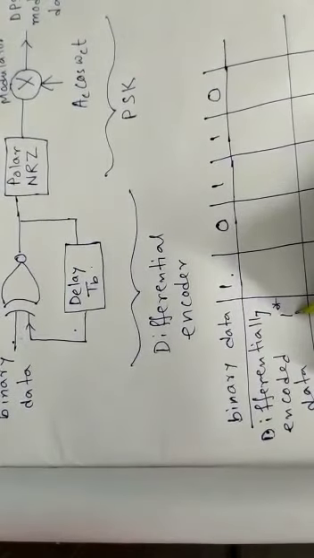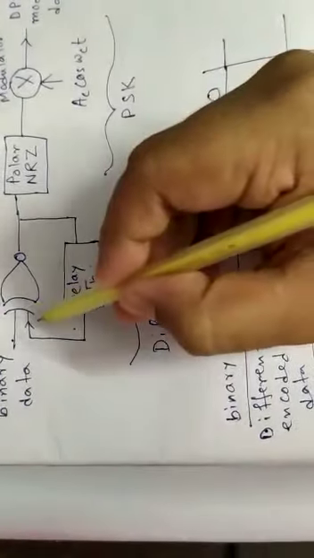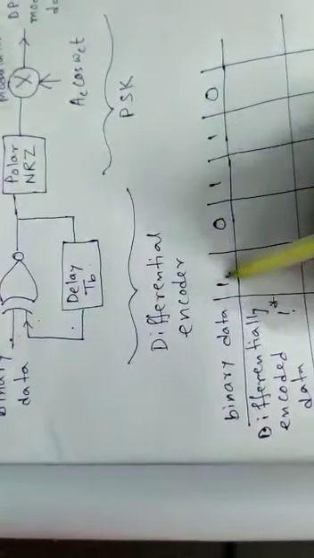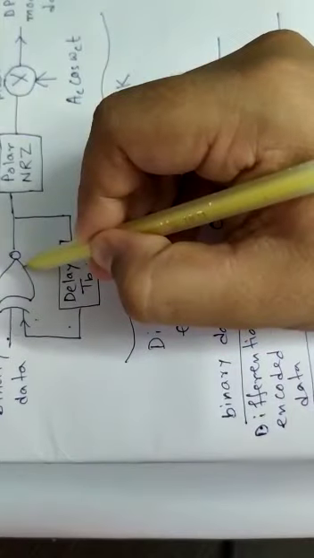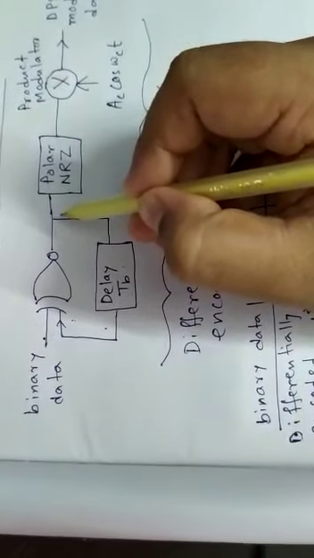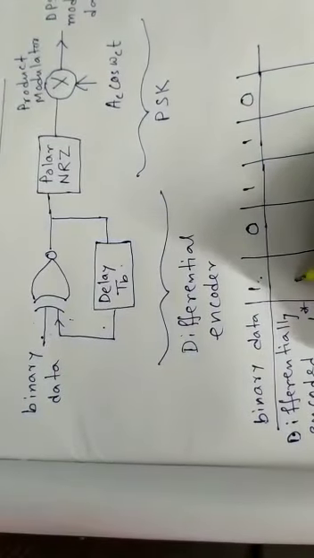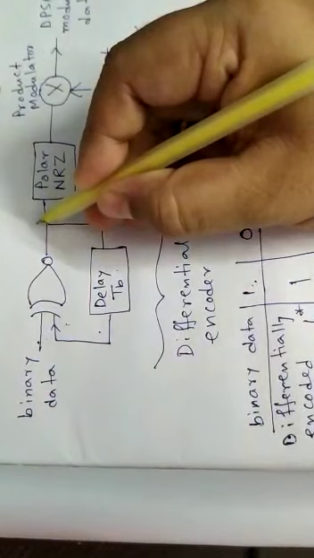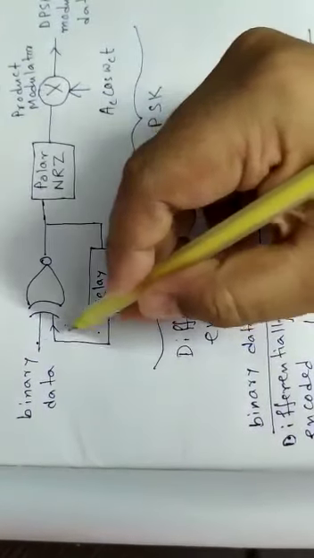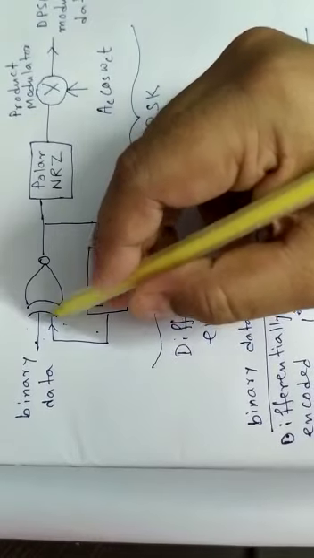So if the previous data is 1, then you have 1 here, you have another 1 here, you have a XNOR gate. So what is the output of this gate? Your output of this gate is 1 1 XNOR, you get 1. So you have 1 here. Now this one comes here again and it will be XNORed by the next data.